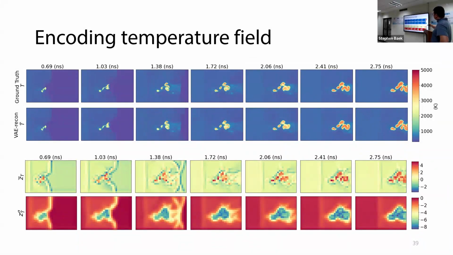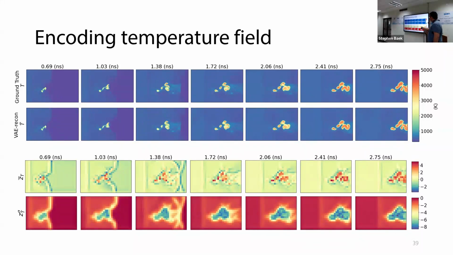You can see virtually no difference between the two in terms of reconstruction quality, despite the fact that the compression ratio is 64 times, I believe. So we have a 64 times smaller dimension to encode the physics, 1/64th of the original dimension.